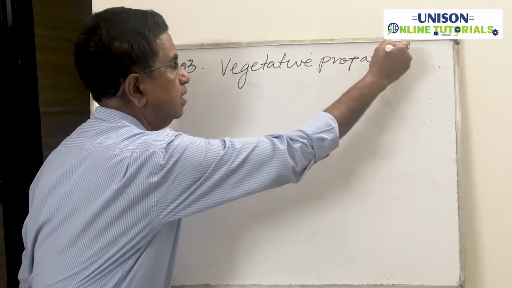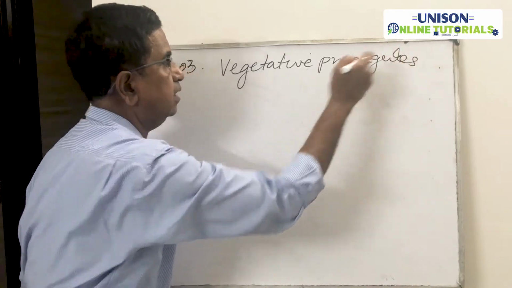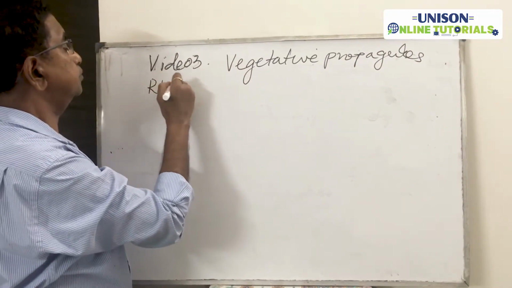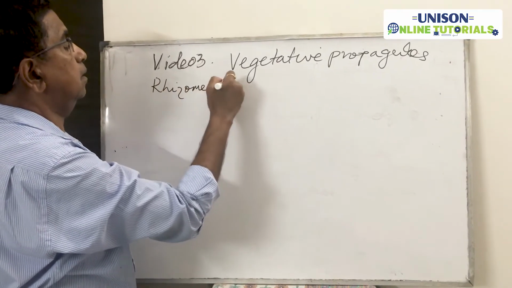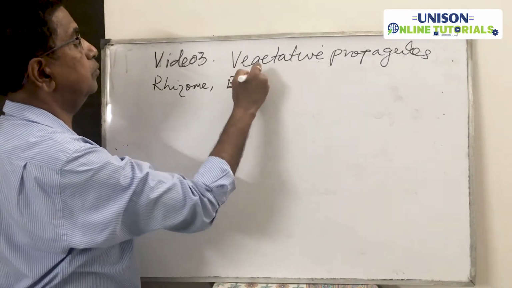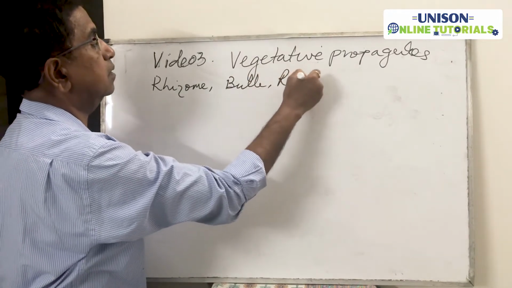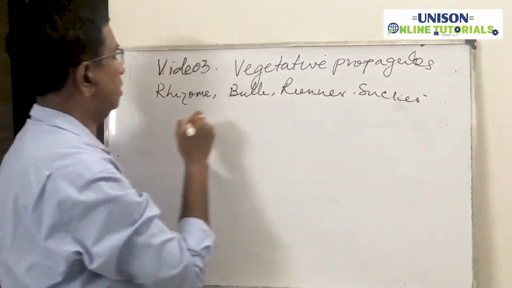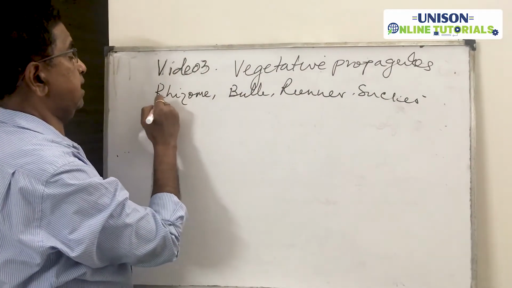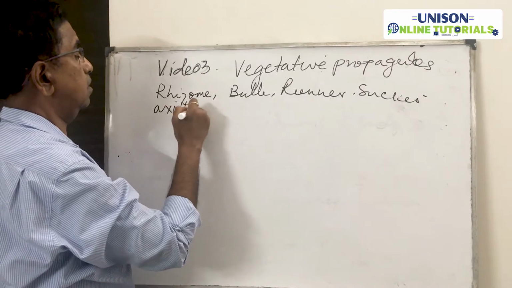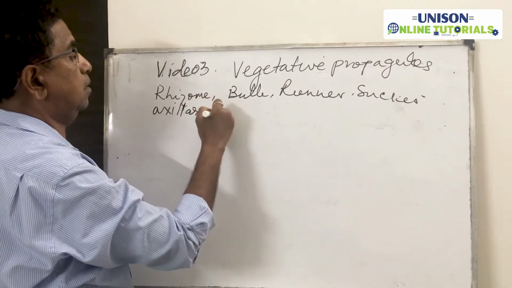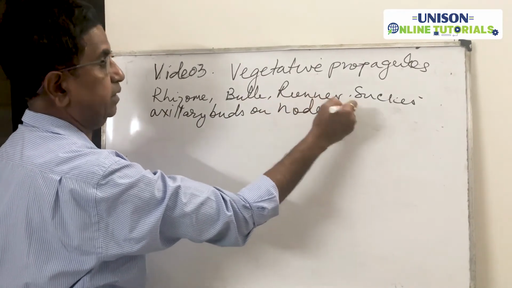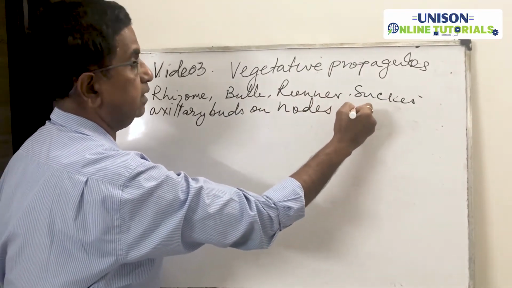You have studied that the rhizome, bulb, runner and sucker have axillary buds on their nodes, and from the axillary buds new plants arise.